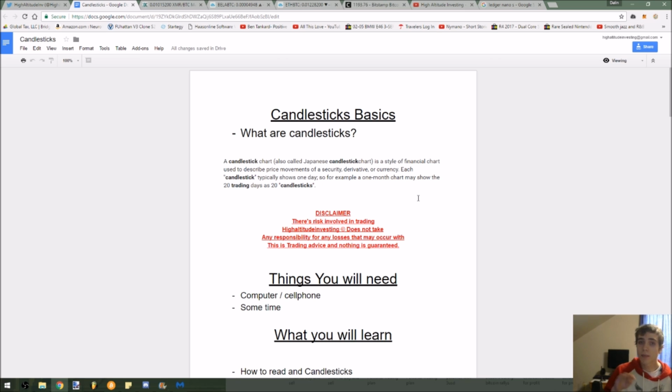You would see the average price movement in between a certain given period of time. Now, the Japanese found a much better way of doing this, and that's with candlesticks. It's just a visual representation of some data that happens in between a given time frame.